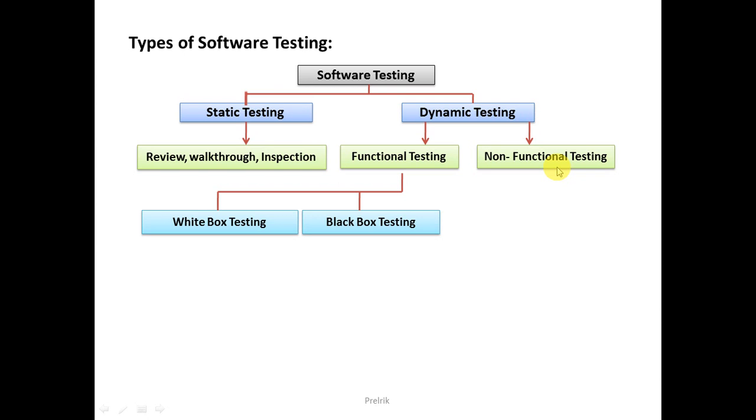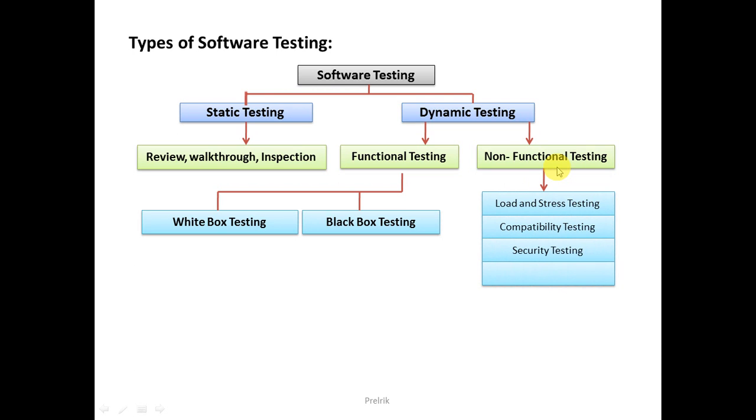If you remember the SDLC phase, I told you that the last part is coding, and each piece of code is written by a coder, and unit testing will only apply on that part of code. That means unit testing is a part of white box testing. I'm sorry, the order is a bit inadequate.